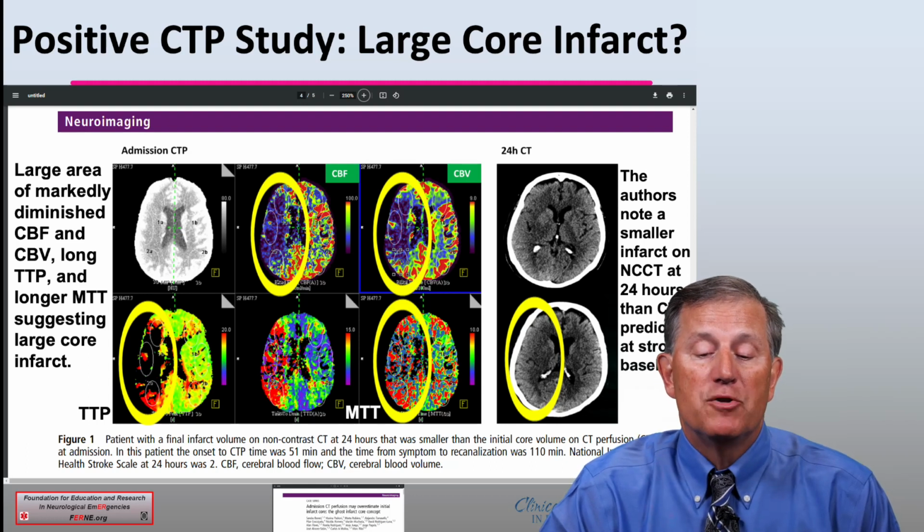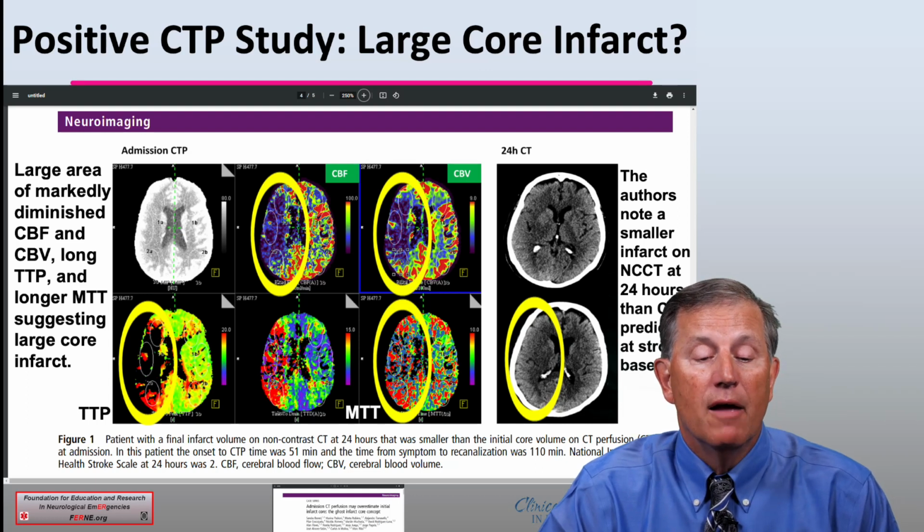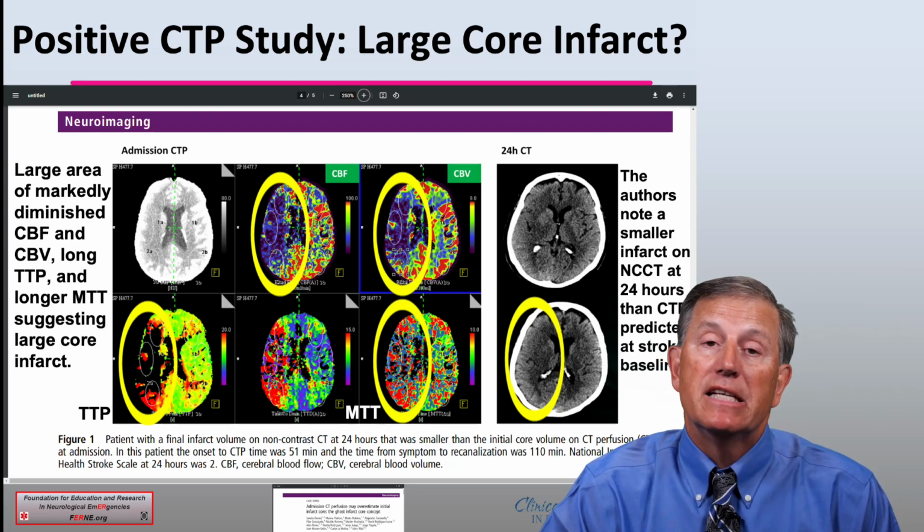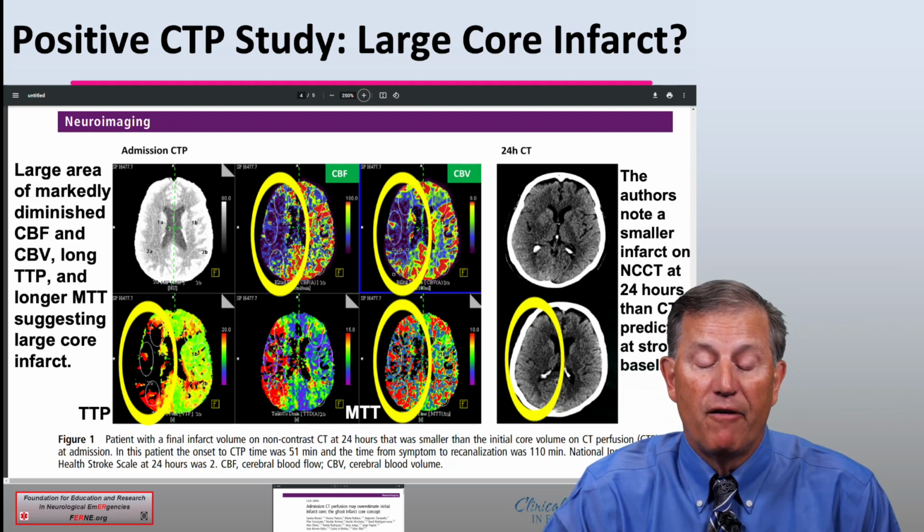You can see in the images that contain yellow circles on the left that there's a large area of markedly diminished cerebral blood flow, cerebral blood volume, and a prolonged TTP and MTT, suggesting a large core infarct.